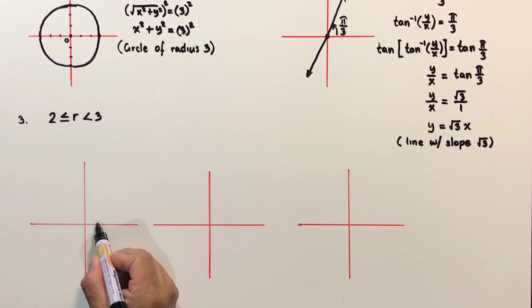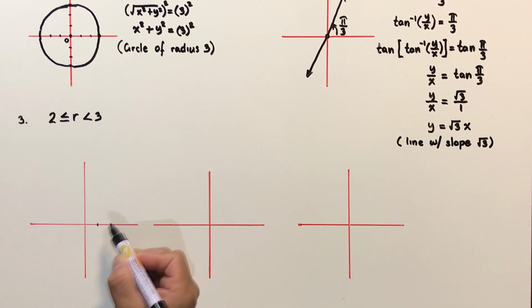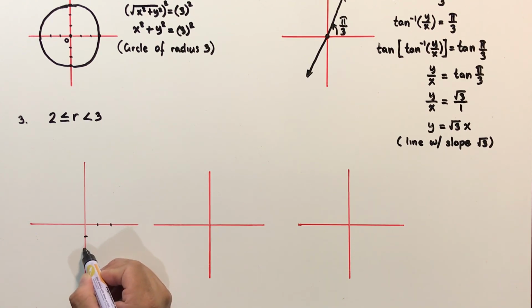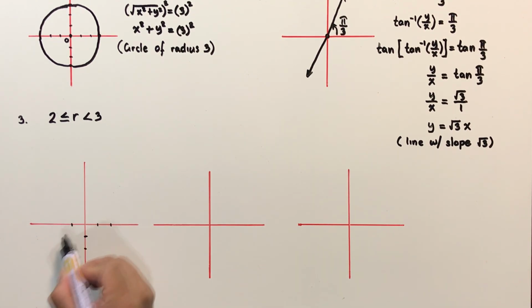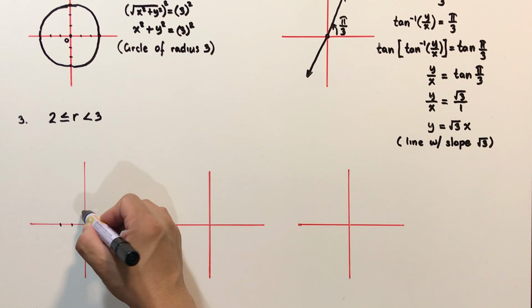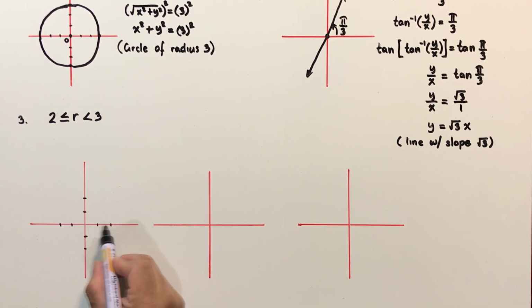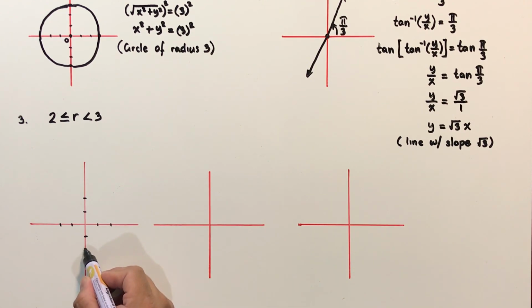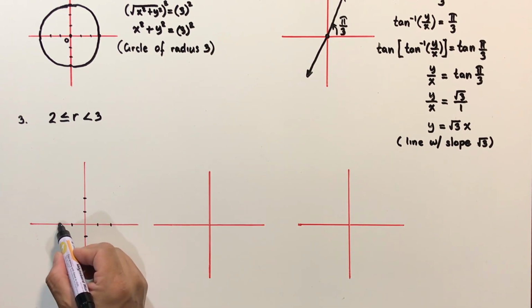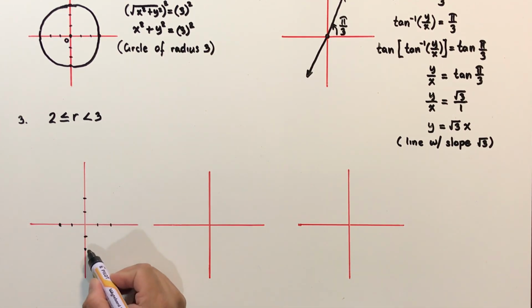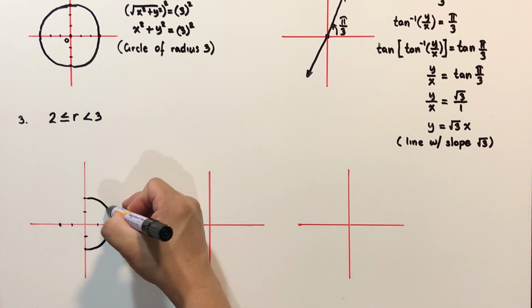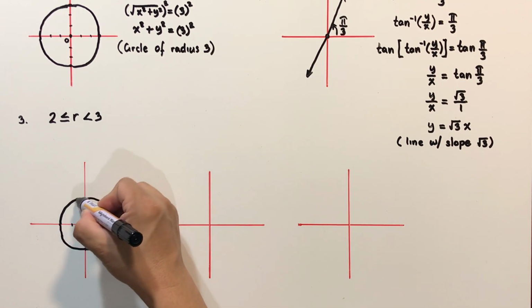So if you sketch the graph of that, you will first sketch the graph of a circle whose radius is 2 here. So you move 2 units upward, 2 units to the right, 2 units downward, and also 2 units to the left, and then you connect this one to form a circle.